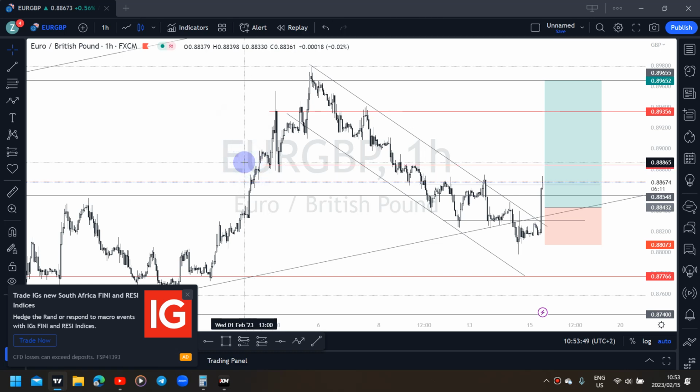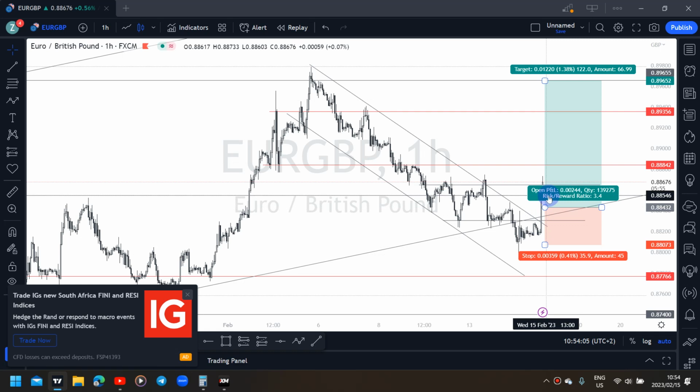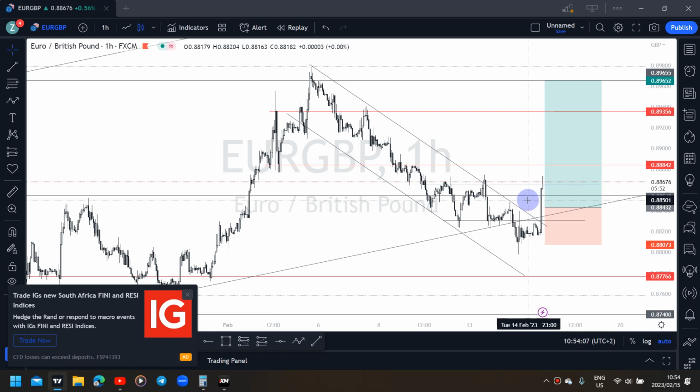So yes, this is my setup for the EURGBP, and I don't really think there's more for me to add here, but I think I forgot to tell you one thing. Why is my entry here and not at the key level there? Well, for me, I think it's a bit risky.